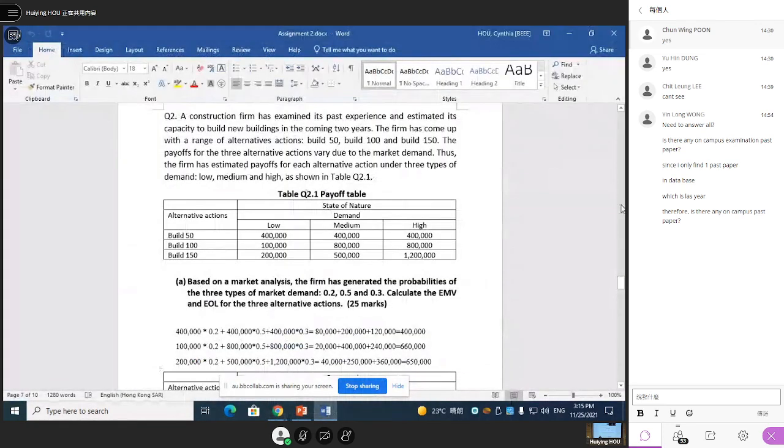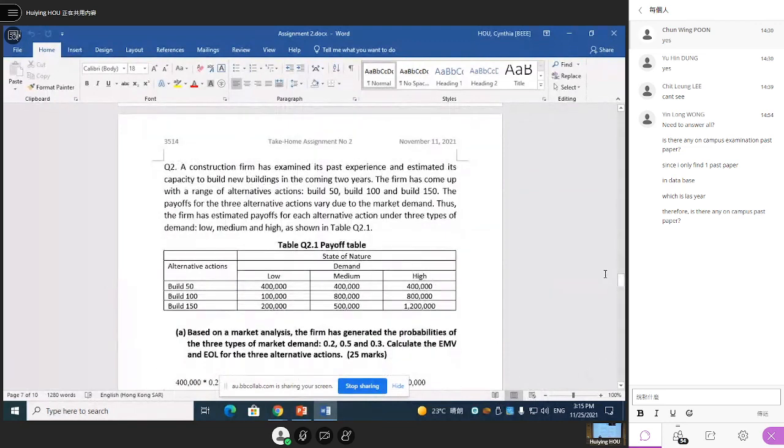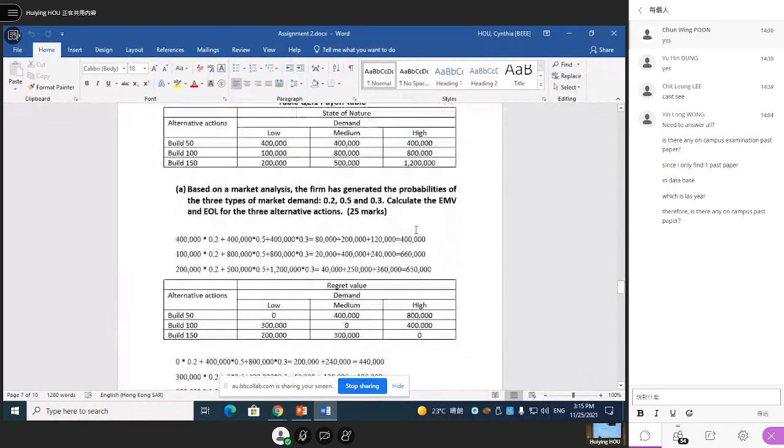For question 1, I think it's very straightforward. The probabilities are gained through market analysis. The firm itself does not have perfect information, and therefore they refer to a market report.